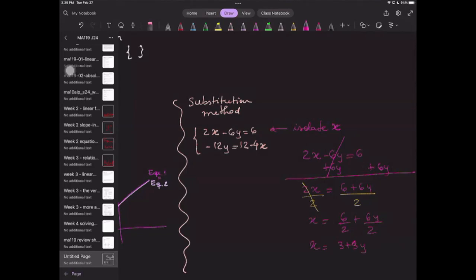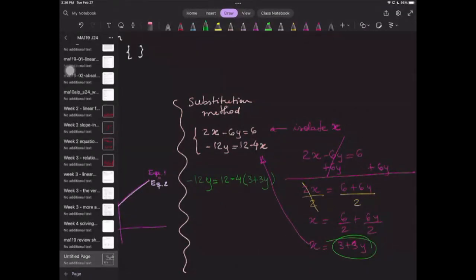Now this is x, and this is coming from the first equation. Let's put that now in the second equation. So when I do that, I have minus 12y equals 12 minus 4 times whatever x is from the other equation, and that is 3 plus 3y.